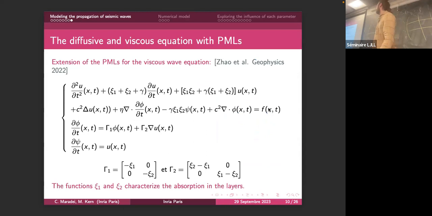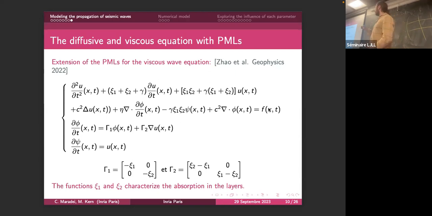When we do this, we have a more complex domain, a more complex system. Instead of having a simple equation, we now have four equations because the third one is vector valued. In this system, you can see that in the first equation, you still have the second order wave equation.